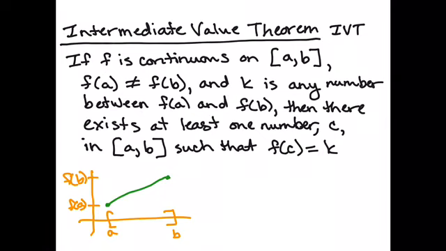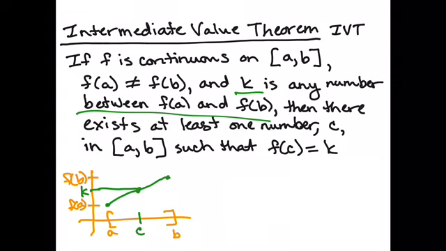Then there exists at least one number C in this interval where the function evaluated is equal to k, because k is any number between those other two y values.